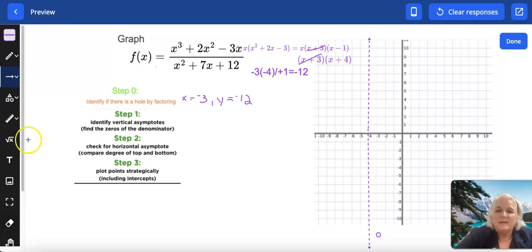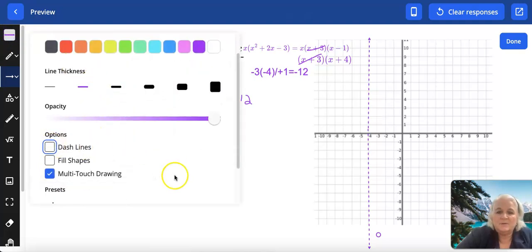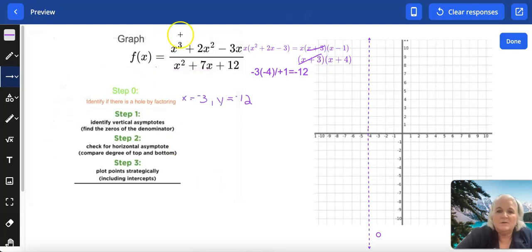Okay, now I want my horizontal asymptote. If I look at my degree on the top, it is a positive 3. I don't want a dashed line anymore when I circle this. So I'm looking at the, oops, nope, erase that.